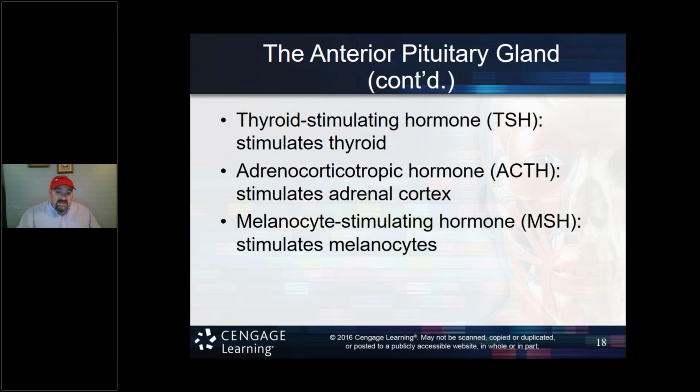Those three areas that I showed you in the video and in lab, but I will go over endocrine histology in the lab. That area in particular is affected by and stimulates the release of the hormones that are produced there. Melanocyte stimulating hormone, so we're looking at stimulation of melanocytes, okay?